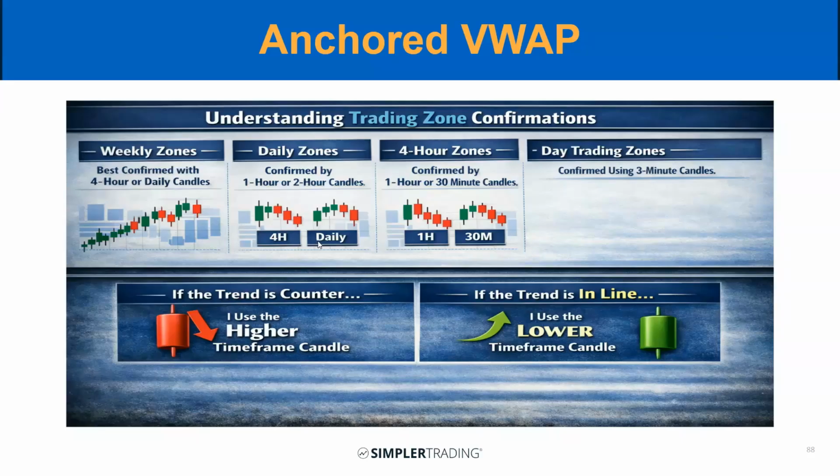I don't know about stops, John. I don't know why it got deleted. Understand trading confirmation, 4-hour zones, daily zones. Let me just go over and let y'all know what I use for confirmation, what time frame chart I go down to.